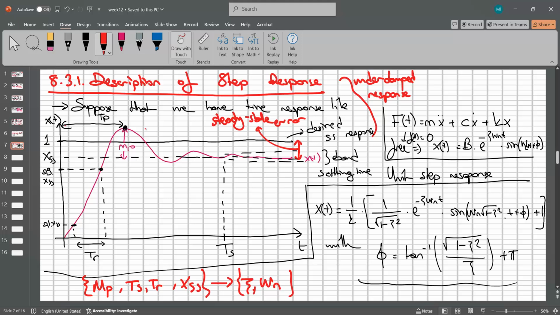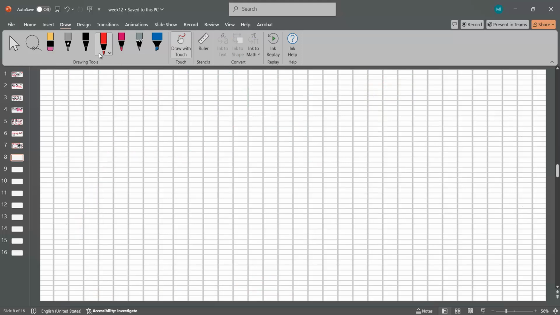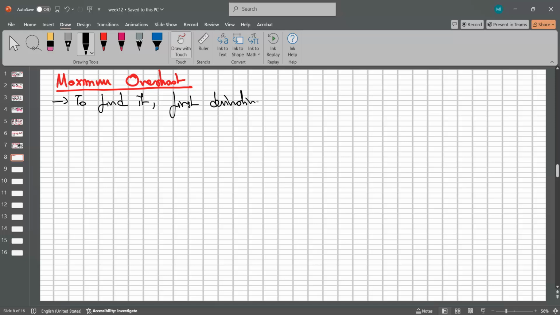So, in order to derive these formulas, first of all, the maximum overshoot can be calculated with this one. To find it, we should take the first derivative of this x(t).